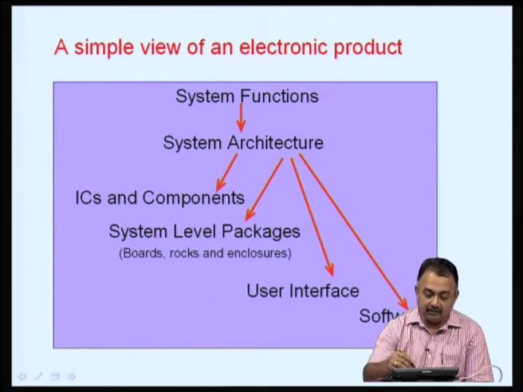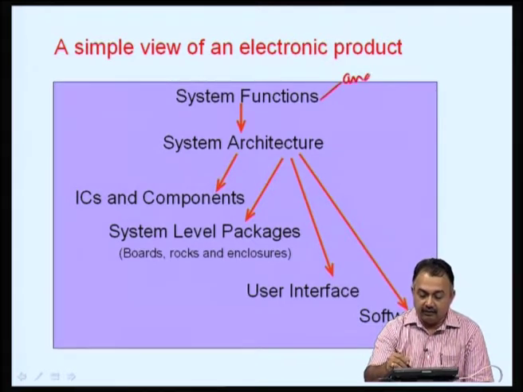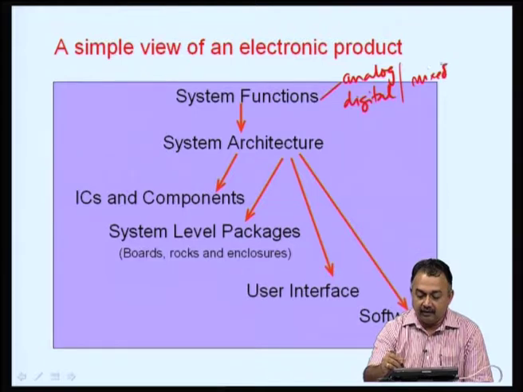The system functions can be for example, analog, it can be digital, or it can be a mixed signal, or it can be high bandwidth system function, it can be RF, it can be optical. So, it depends. It can be a mixture of each of these depending on the application area.